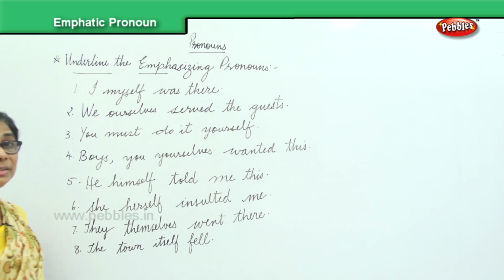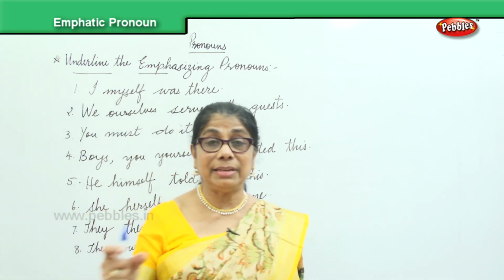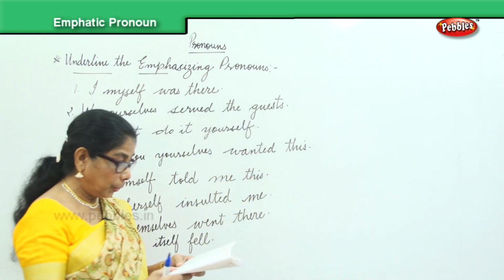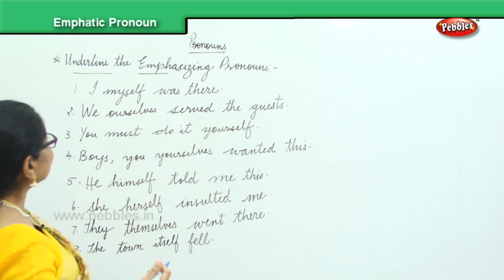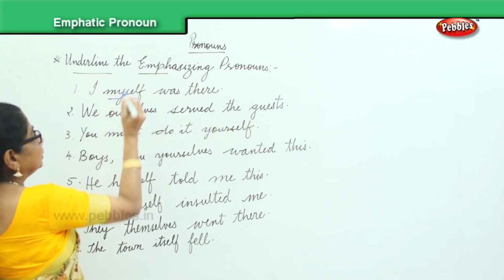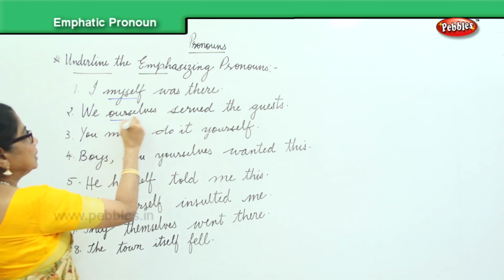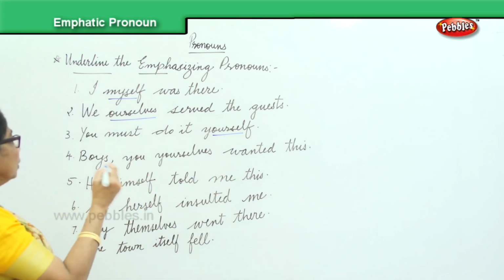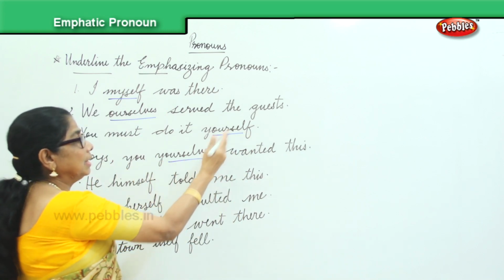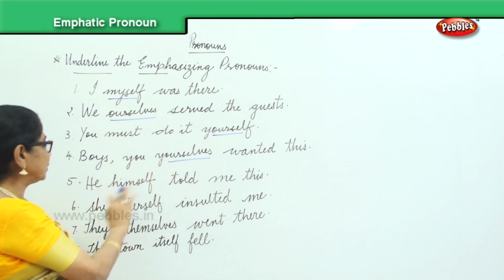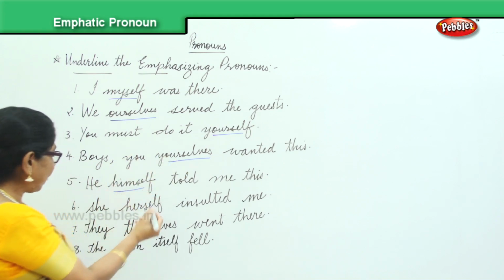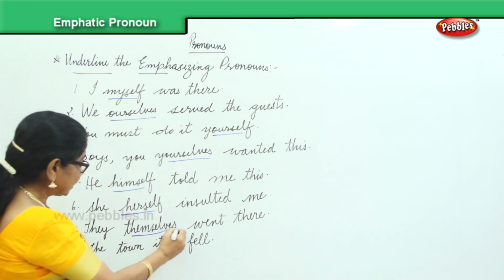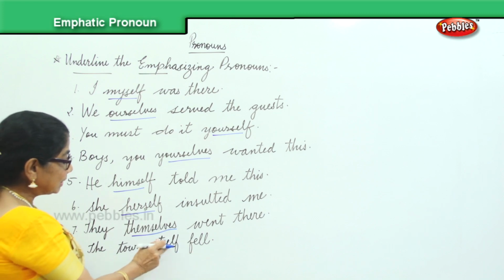So now we are looking at underlining the emphasizing words. Emphasizing pronoun. We're going to underline the emphasizing pronoun. Okay, now, I, myself, we, ourselves, you, yourself, you, yourselves, self or selves when it's plural, he, himself, she, herself, they, themselves, the town itself.